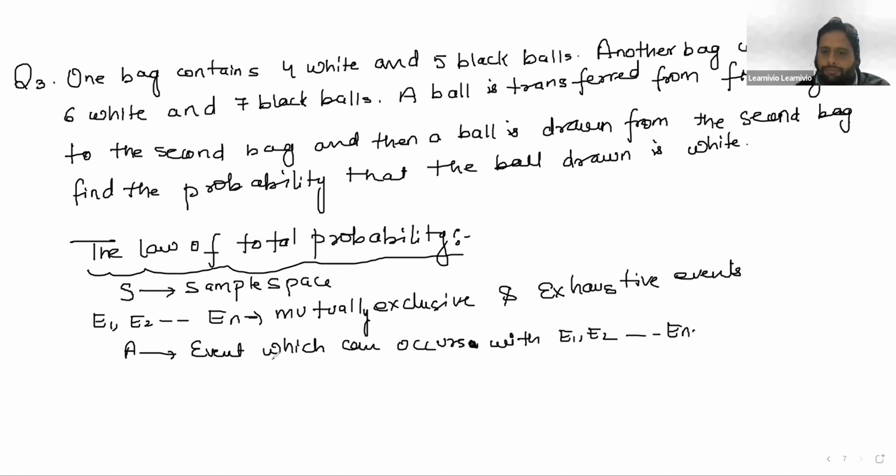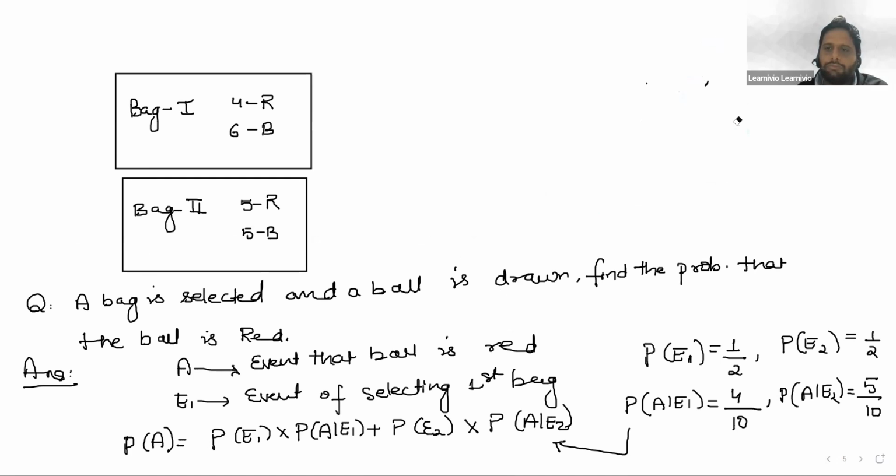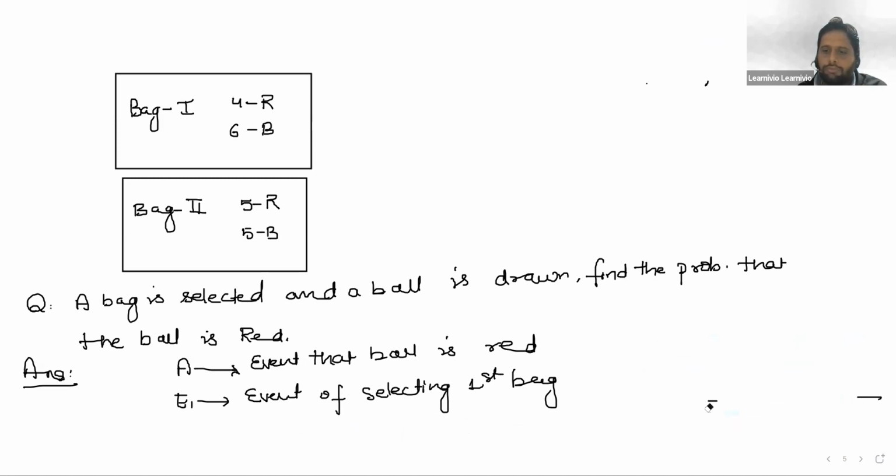Yes, sir. Okay. So Nabil, in the previous case, we have taken this example. Now check here, Nabil. We have bag one and bag two. In bag one, we have 4 red and 6 black balls, while in bag two, we have 5 red and 5 black balls. Now A be the event, and this is the question.